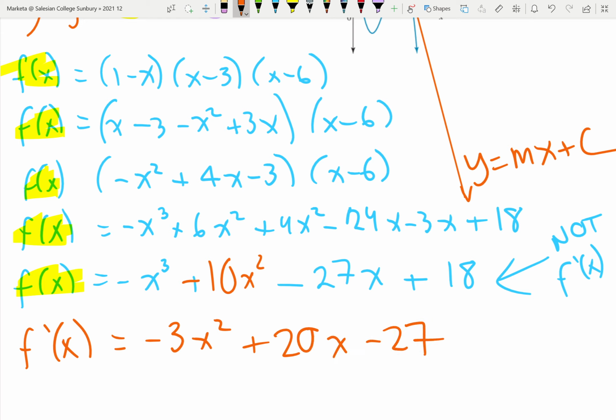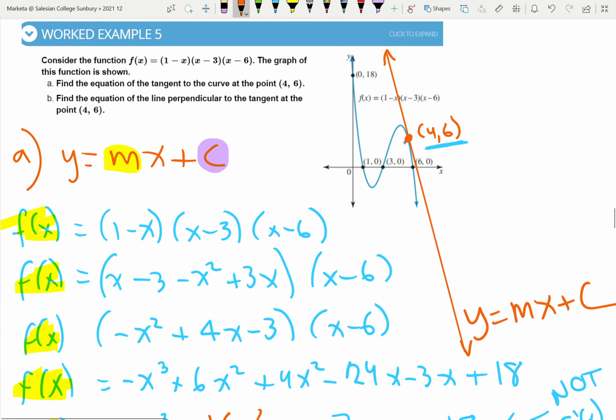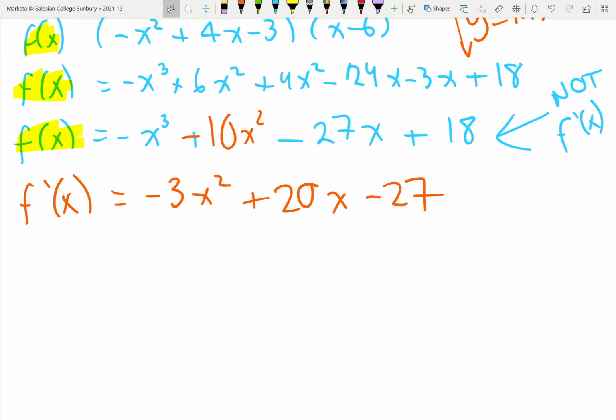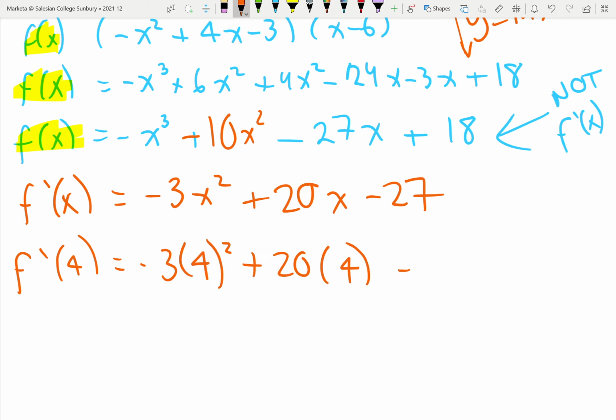All right. So now that I've got my gradient function, I need to find the gradient when x is 4. So remember, we're finding the gradient when x is 4. So now I can just do that. That's actually pretty easy. F dash of 4 equals neg 3 times 4 squared plus 20 times 4 minus 27. Neg 3 times 16 is negative 48, plus 80 minus 27.